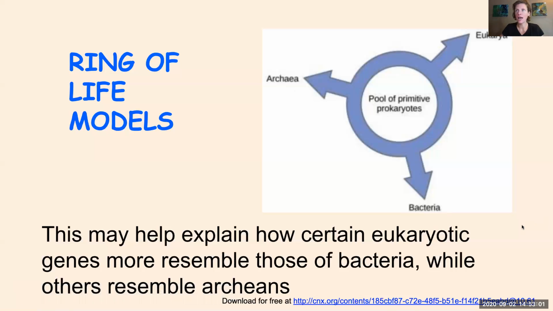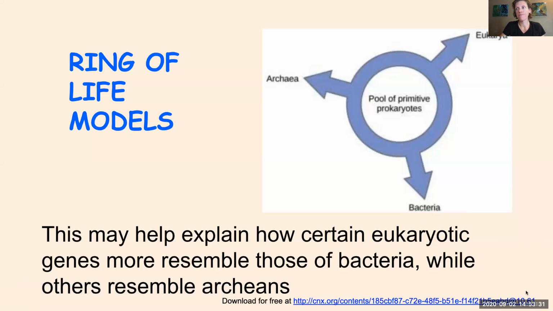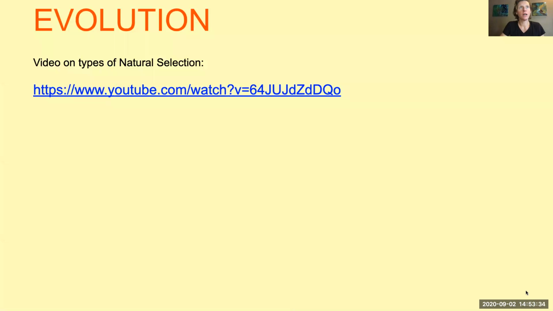I think I would get a huge headache if I really tried to reconstruct this, but there's a lot of really great scientists that are working on this, and we may never know what happened here initially, but we can try to work backward to the best of our ability. And we do know that there are genes from archaea that look like archaea that are in eukarya, and there are genes from bacteria that are in eukarya. So we do have some guideposts.